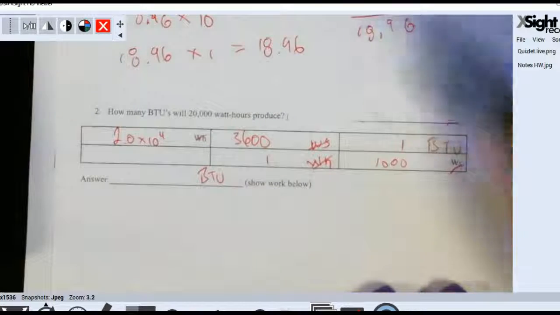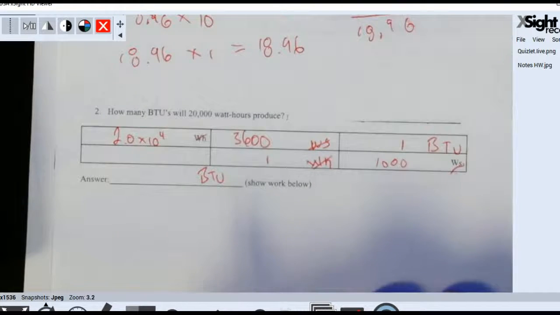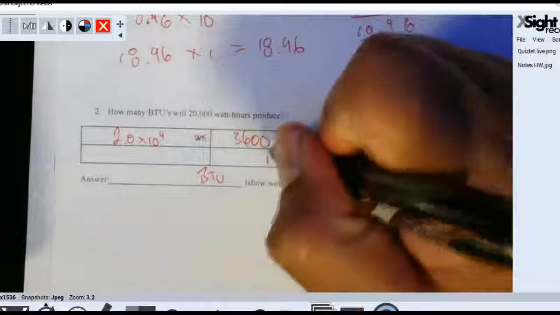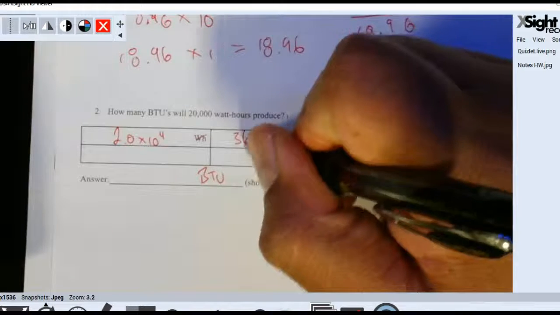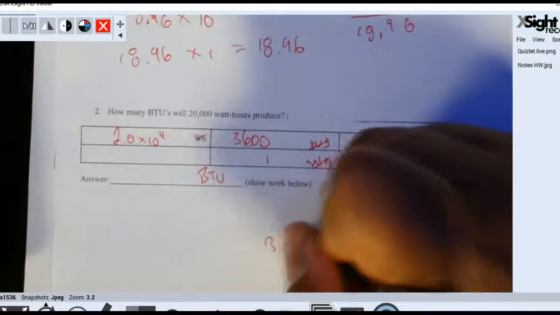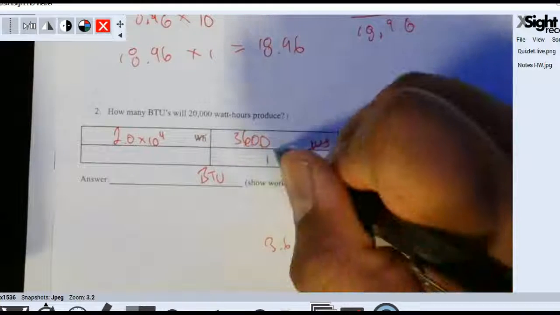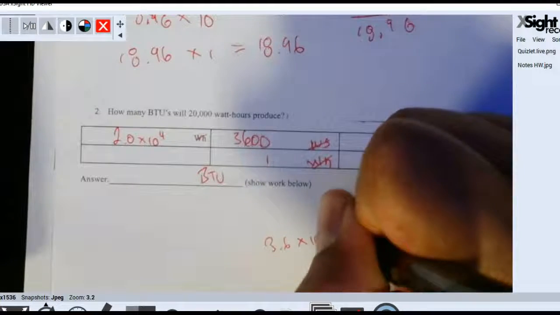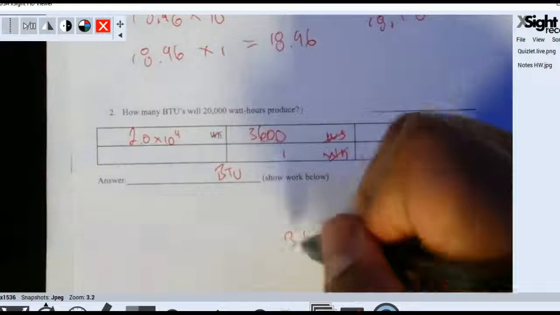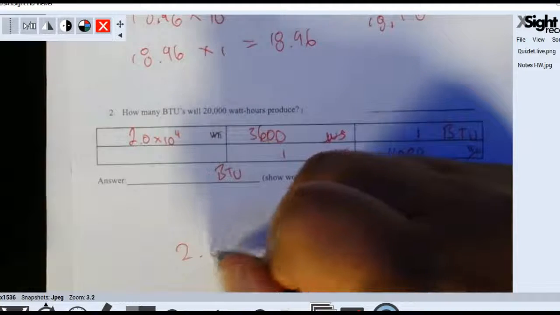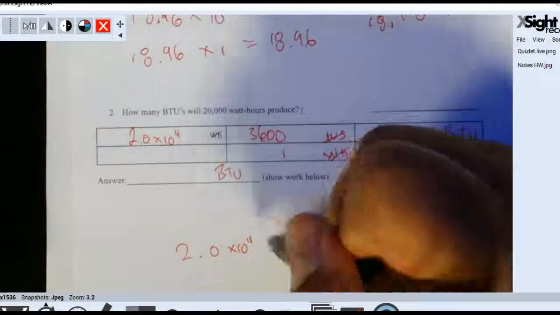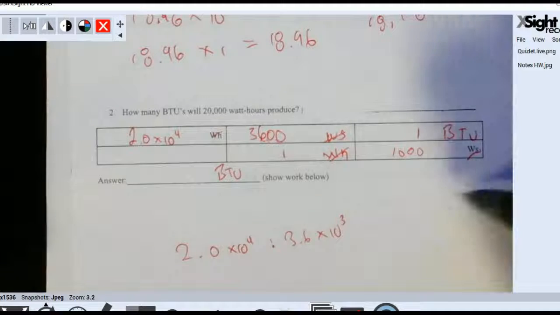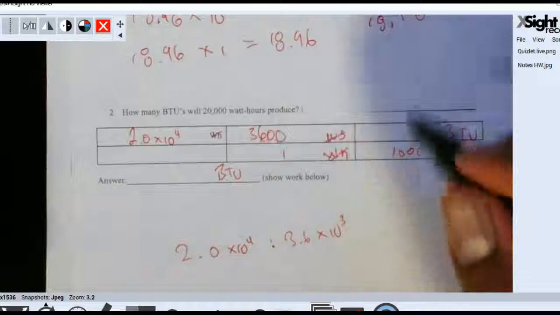And again, this looks a little daunting because it's 2.0 times 10 to the 4th. This one, again, I'm just going to move my decimal over. 1, 2, 3. This is 3.6 times 10 to the 3rd. Okay, and this is multiplied by 2.0 times 10 to the 4th, like that. And then I'm going to divide here at the very end, but I'm going to take care of this part first.